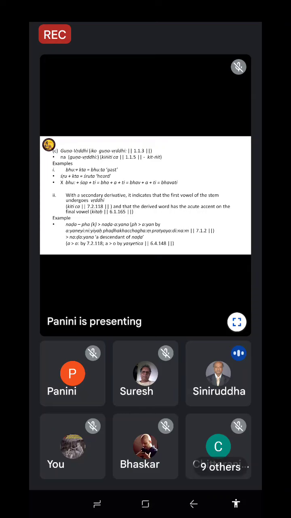What are those? One is guna, so I becomes E, and it gets also vriddhi, like Ai. So the basic vowel, guna, and vriddhi are the three grades. And where does the basic vowel remain? It remains when guna and vriddhi do not take place or are prohibited. Example I gave you earlier: take dhatu kru.